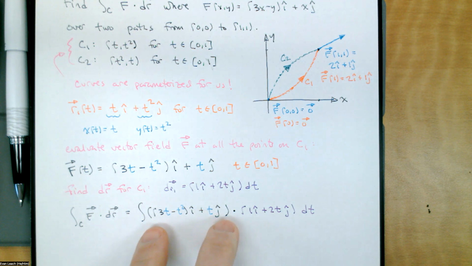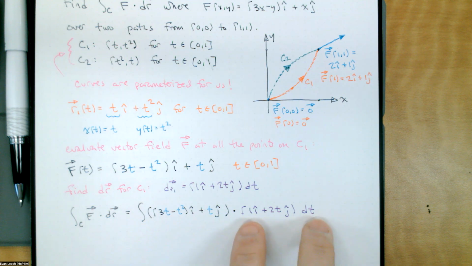So here's the vector field evaluated at all the points on the parameterized curve, the dot product with dr.